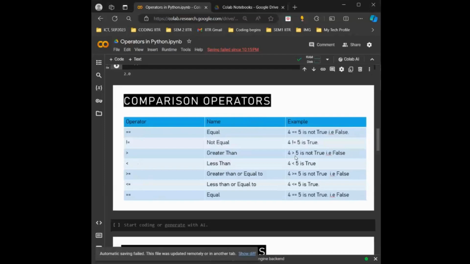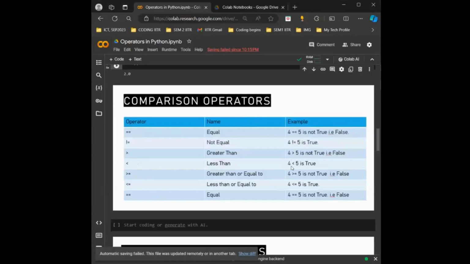So left hand side value for me now is 4, and we are checking is 4 greater than 5? You have got your result, yes or no. If it is greater than 5, we say it's true, otherwise we say it's false. So in our example, 4 is not greater than 5, result will be false.